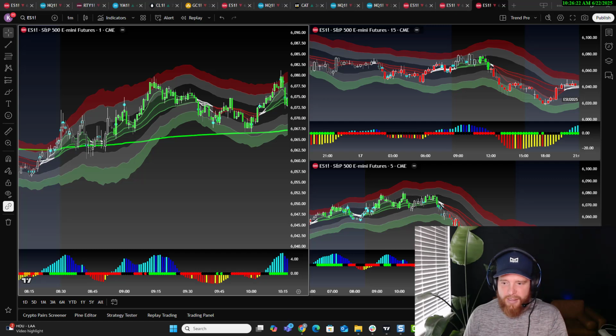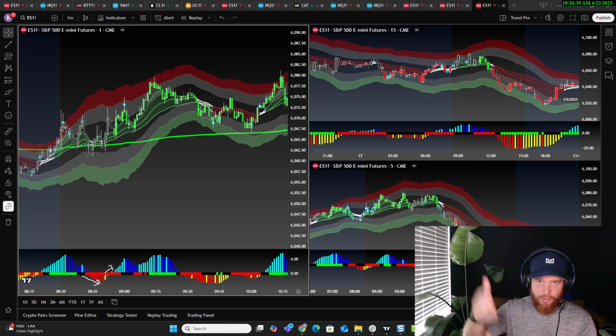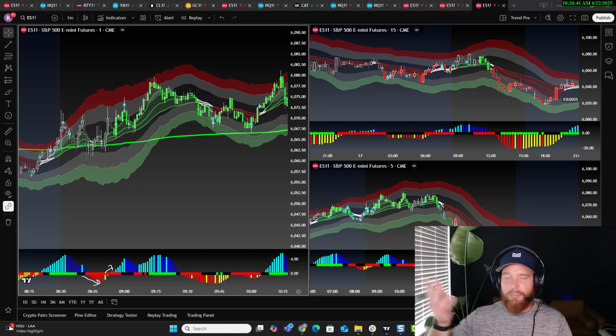Right here, you see how the histogram is going down? This is when you don't want to go short, because the 5-minute and 15-minute are showing bullishness. So you want to wait for it to shift, and it shifts by going blue up here. Now they're all showing potential upward bullish momentum, right?